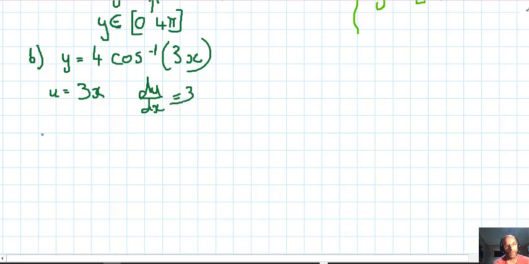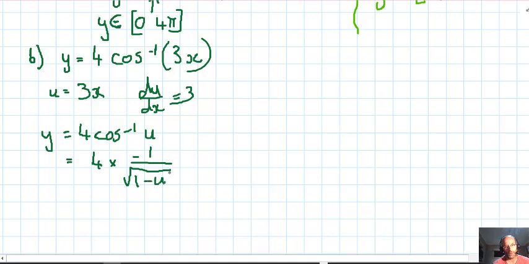At this stage now, y equals 4 inverse cos of u, and we know that would be 4 times negative 1 over the square root of 1 minus u squared. And I guess I better label that properly. That's dy du, isn't it? The derivative, so dy du.